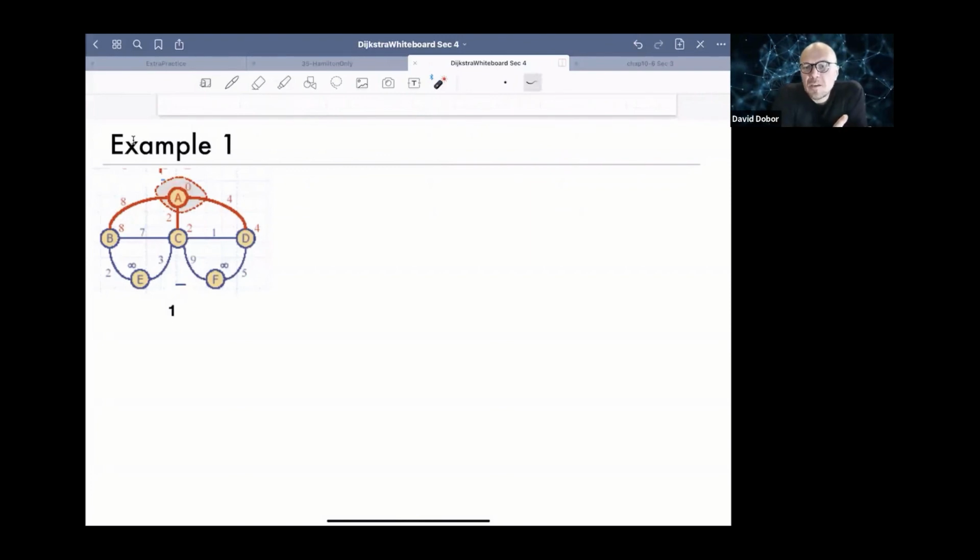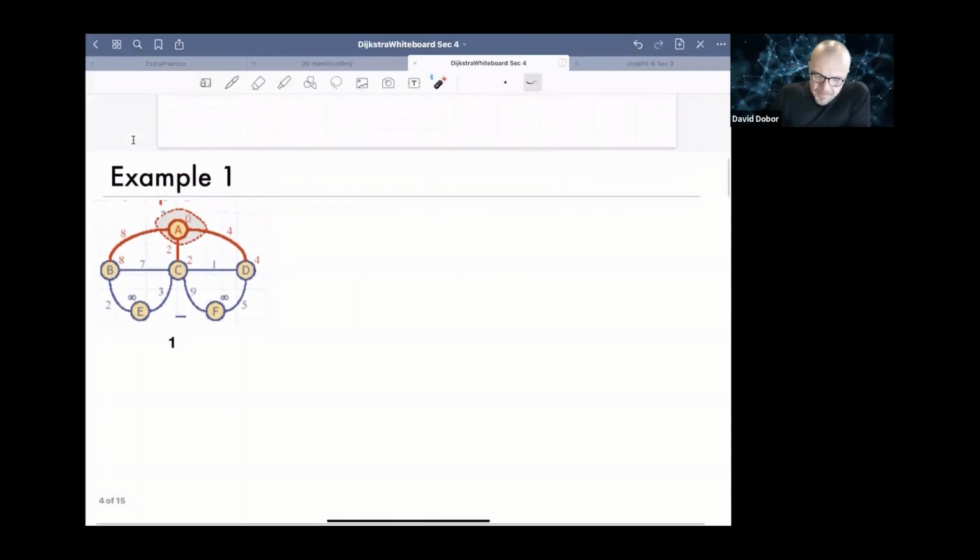And just by looking, you can tell what the shortest distance is. But again, let's just run the procedure that we just described. So initially this set S. So this is our graph. It has these vertices A, B, C, D, and all the edges as shown there. So let's ignore the coloring of the edges for now. S is initially empty.